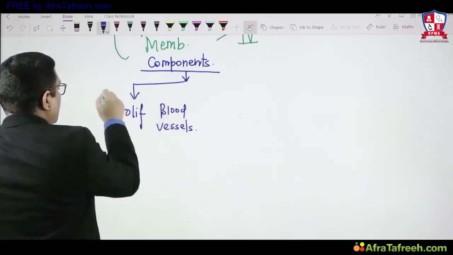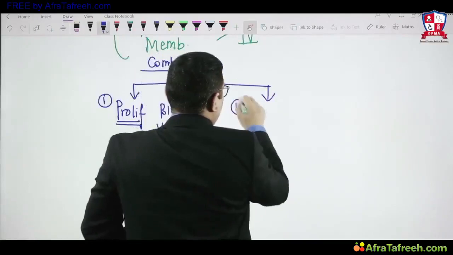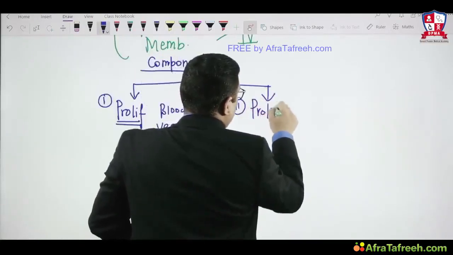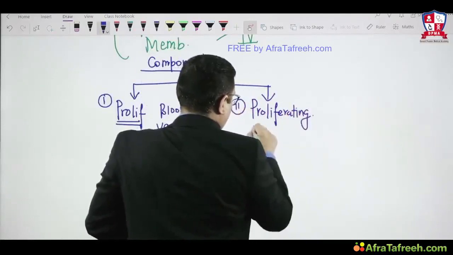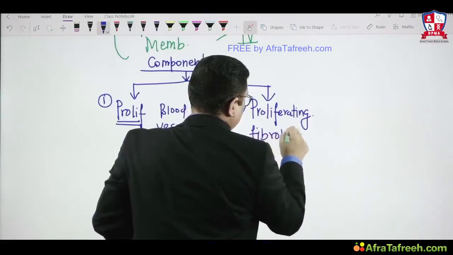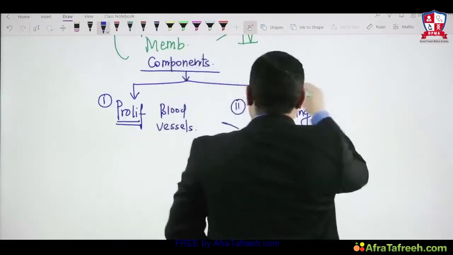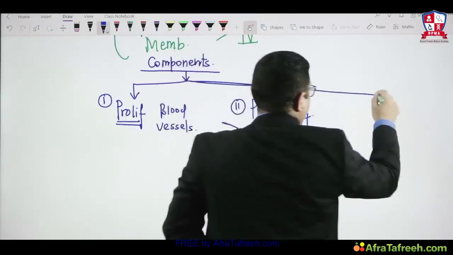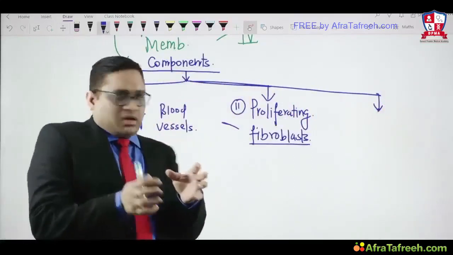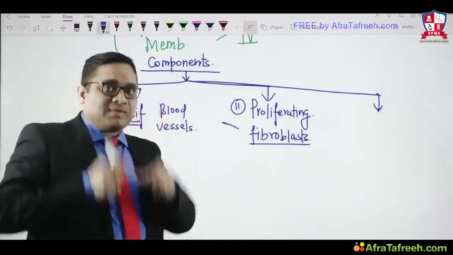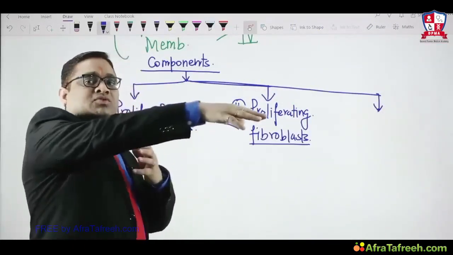That is why they look pink in color. So proliferating blood vessels. Number 2, proliferating fibroblasts. And number 3: the blood vessels which are new and proliferating will be leaky, meaning the endothelial gap will be more, and that is why they allow inflammatory cells to move outside.